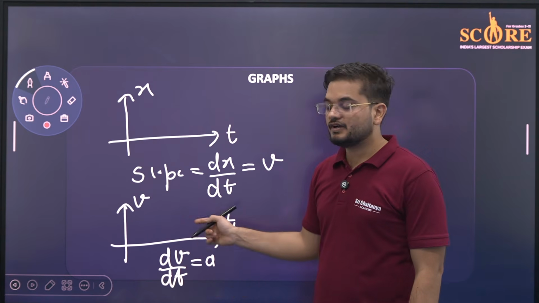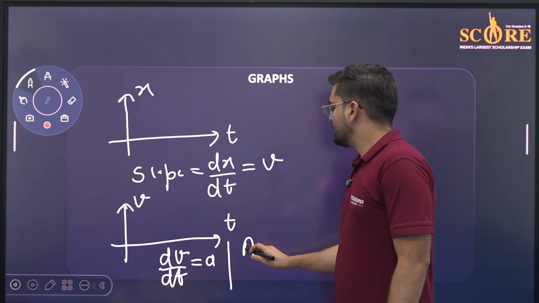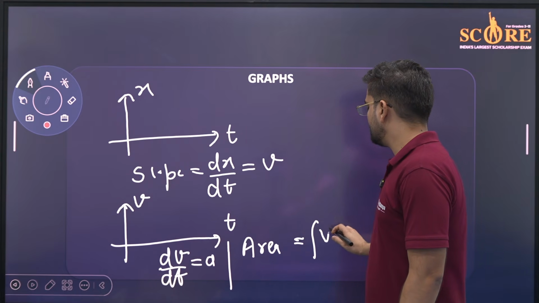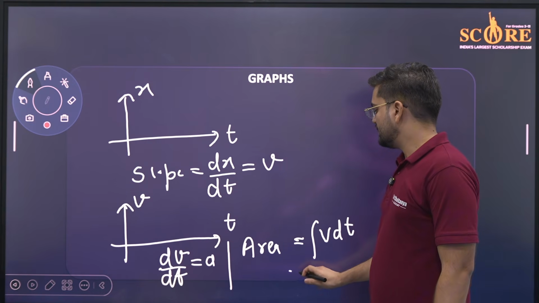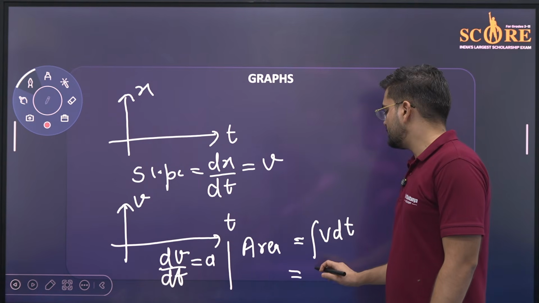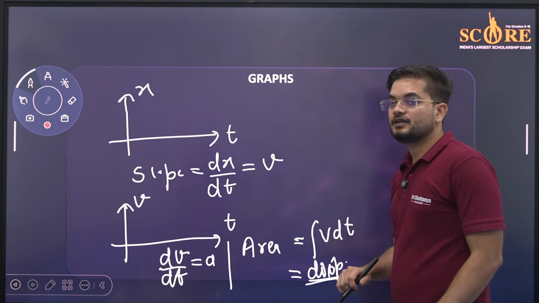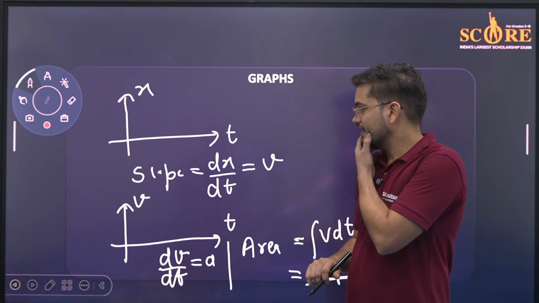So the slope of the vt curve will be equal to a, and the area under the vt curve will be the integration of v dt, and the integration of v dt will be equal to the displacement of the particle. Clear?